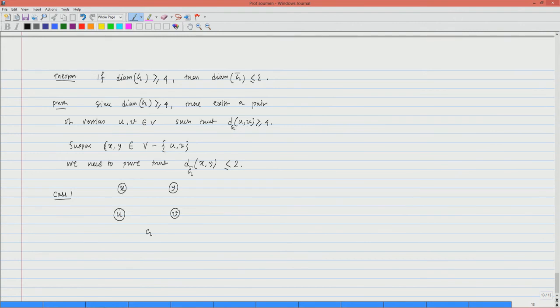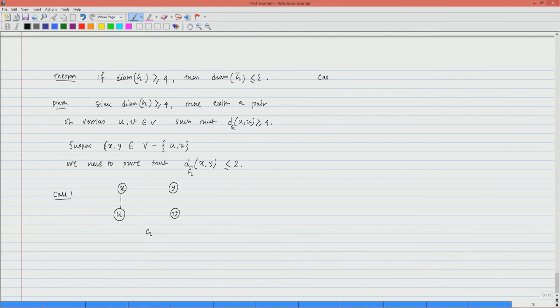So, x can't be adjacent to both u and v. This is one observation. x can be adjacent to only one of them, right. This is one situation.